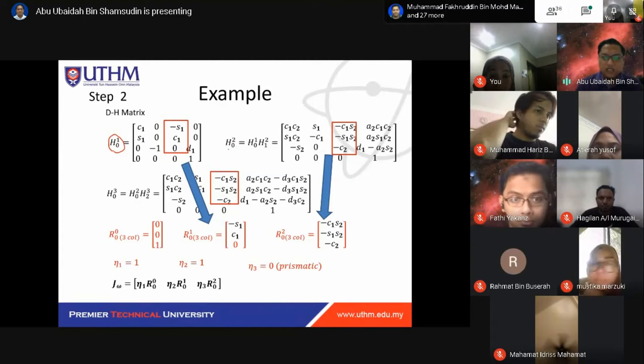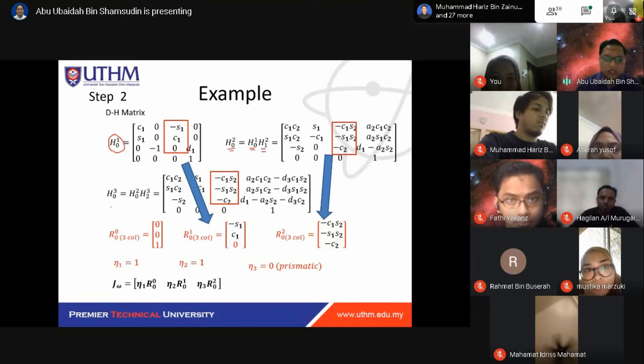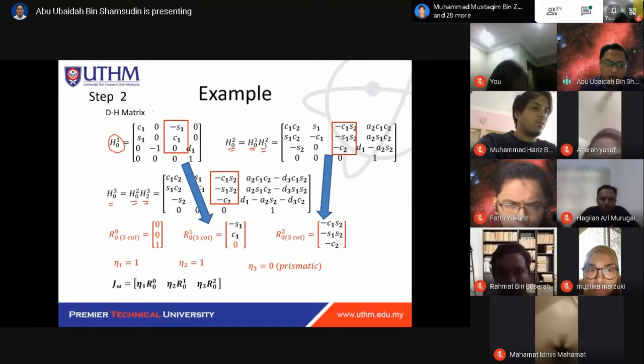Okay. For H02, we need to multiply H01 with H12. For H03, we need to multiply H02 with H23. Okay. We have done this for the kinematics. Okay. From this matrix H01, we go for the third column.